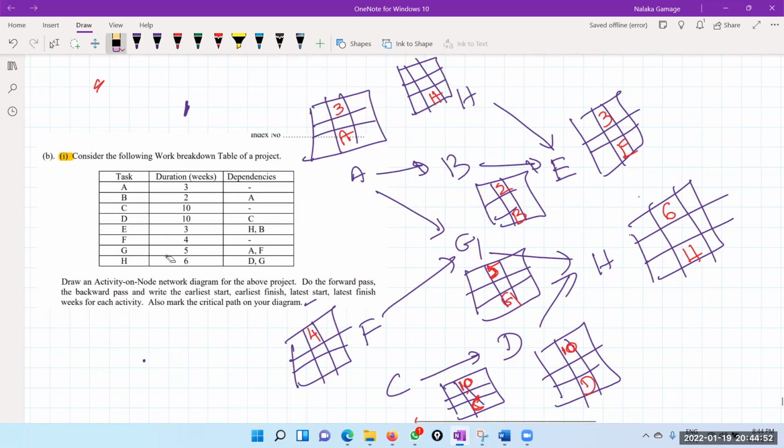F is independent. G depends on A and F. And H depends on D and G.